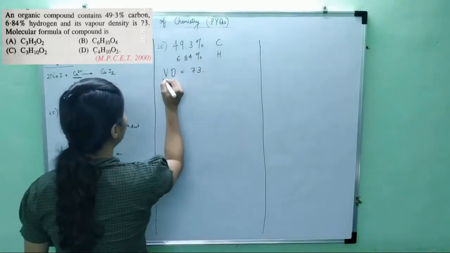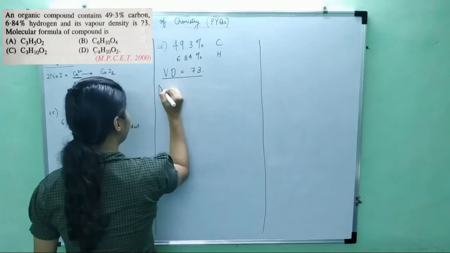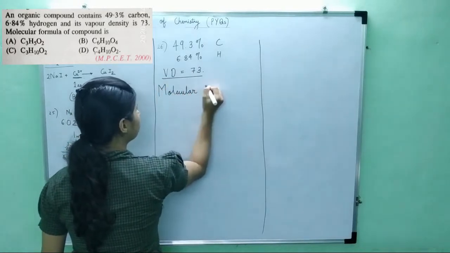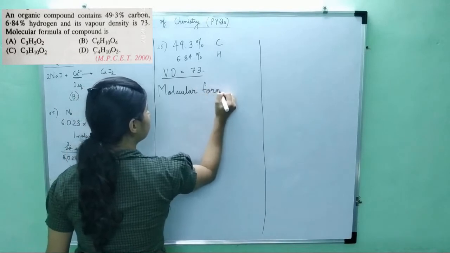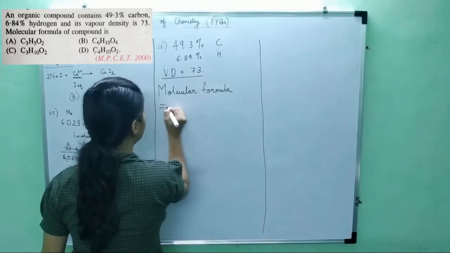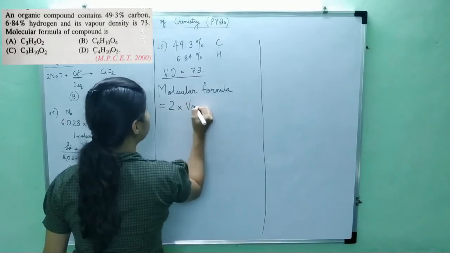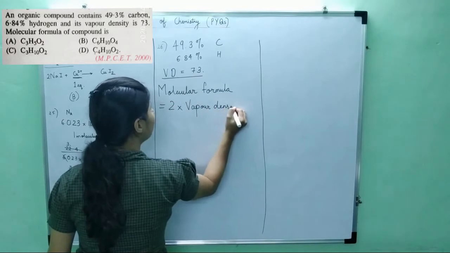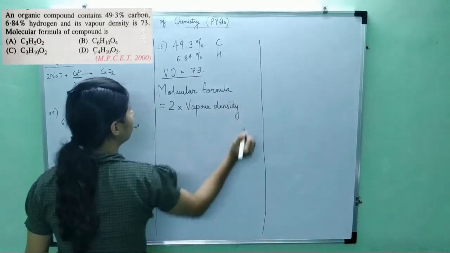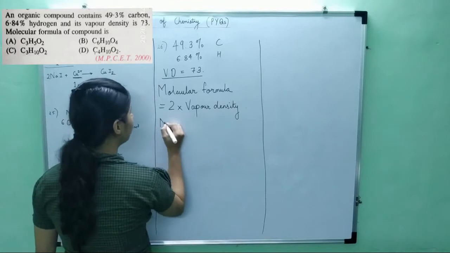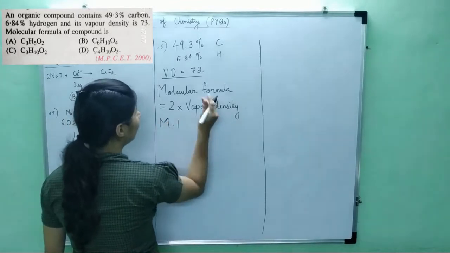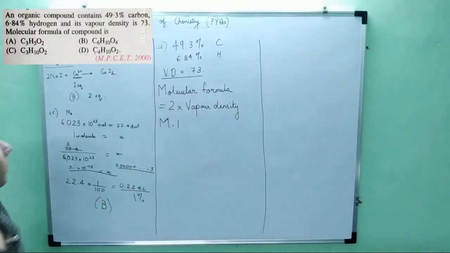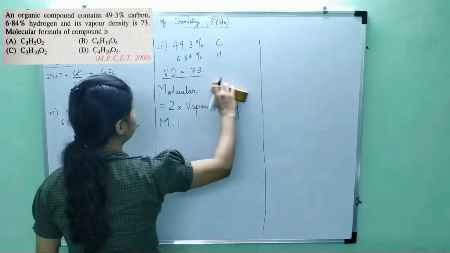There is one important formula that you need to remember: molecular mass is 2 into vapor density.